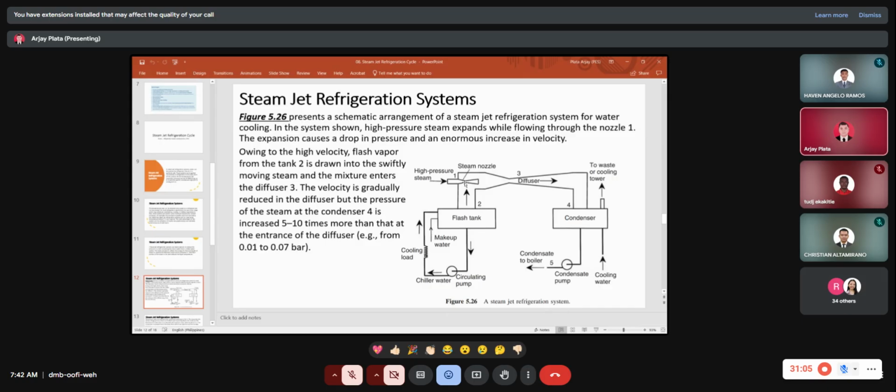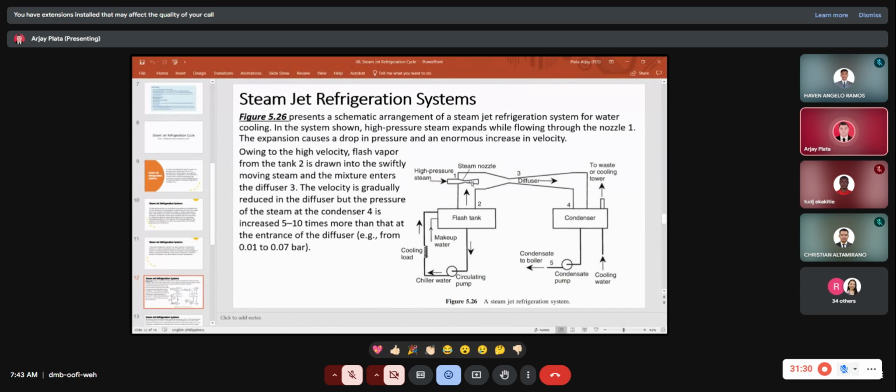Okay. So the tendency after compressing the high pressure steam, there is a very high pressure. And then suddenly, after entering this nozzle, it will expand here because as you can see, the diameter increases.